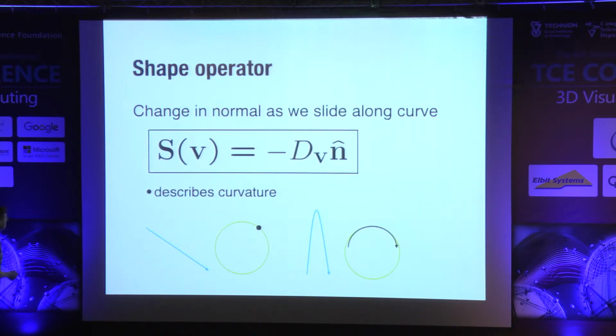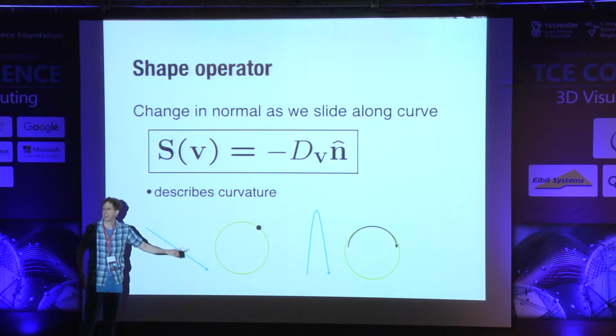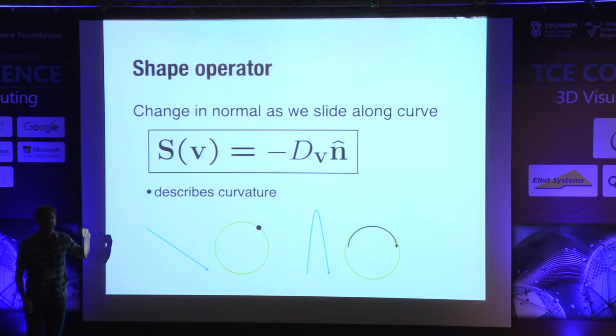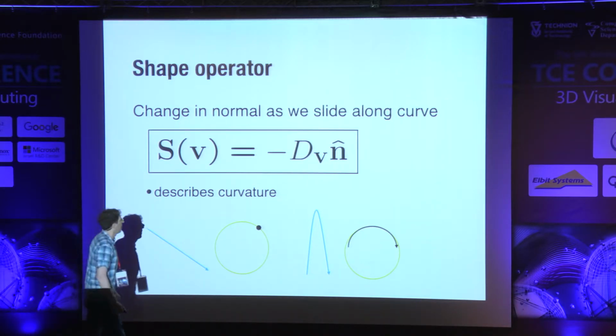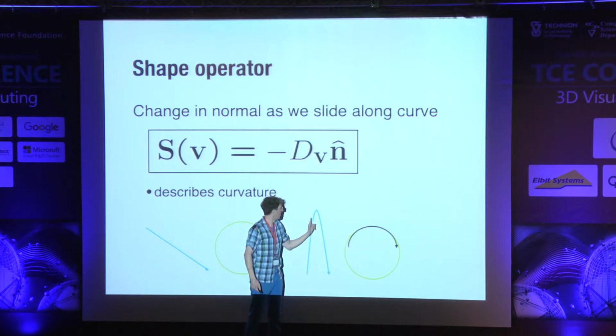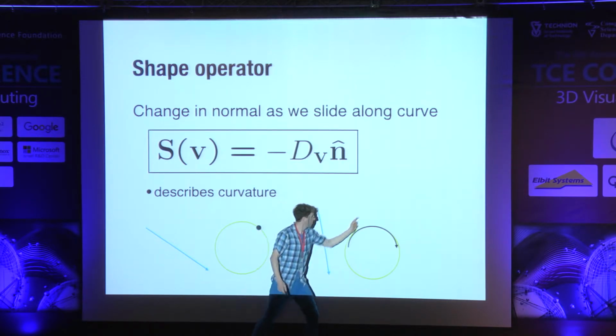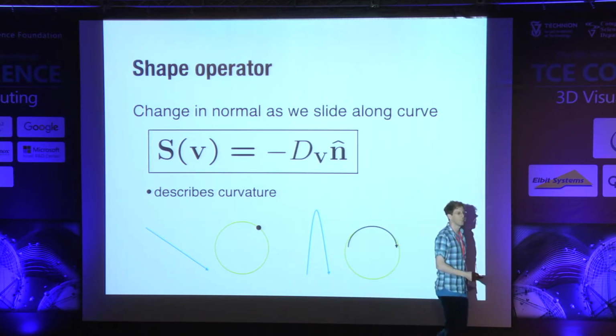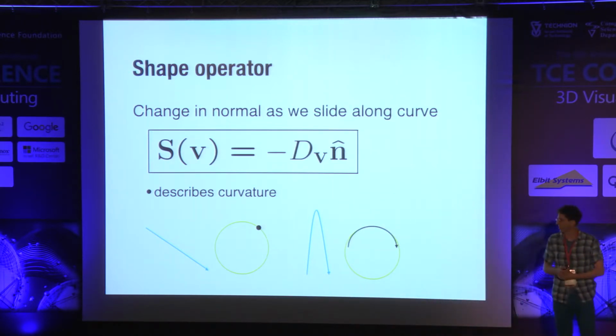And here are some examples of that. If we have a curve that goes in a straight line, the normal always points in the same direction. So the image is a single point on the unit circle. If we have a curve that turns sharply, the unit normal will spend a long time here. Then around here, it will make a rapid transition and then spend a long time here. So it doesn't go uniformly on the unit circle.